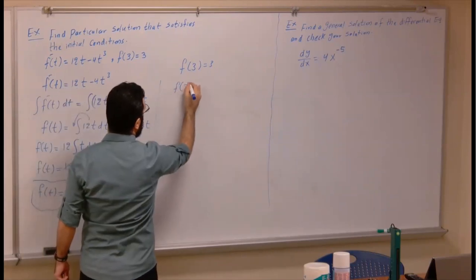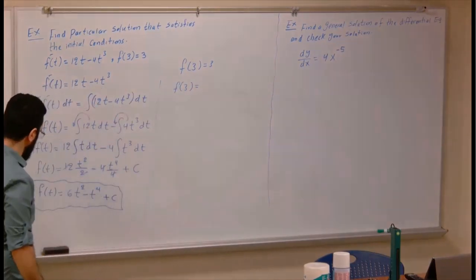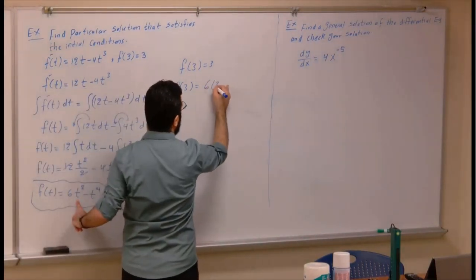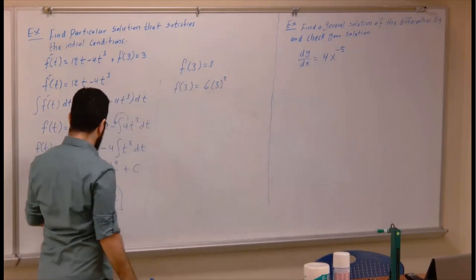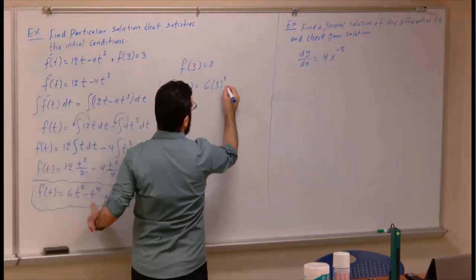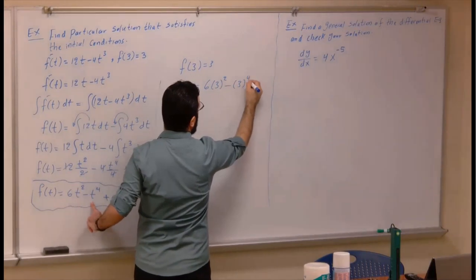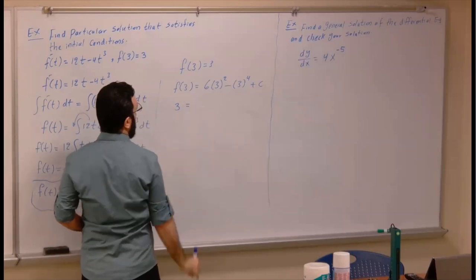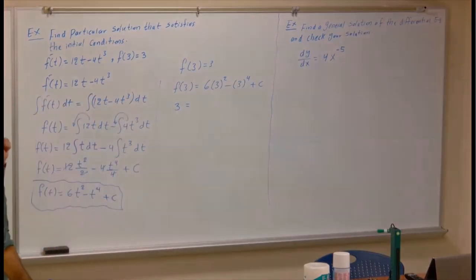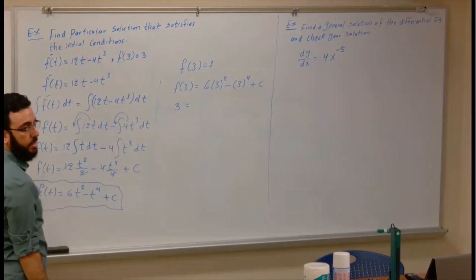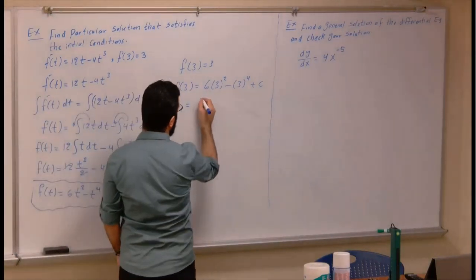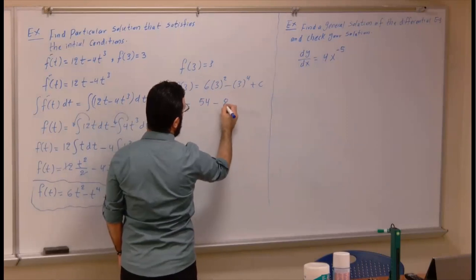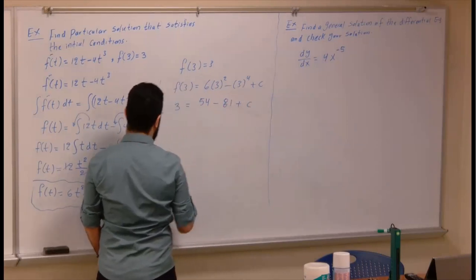So f of 3 is going to equal 6 times 3 squared minus 3 to the power 4 plus c. So 3 equals 6 times 3 squared, which is 6 times 9, which is 54, minus 3 to the power 4, which is 81, plus c.